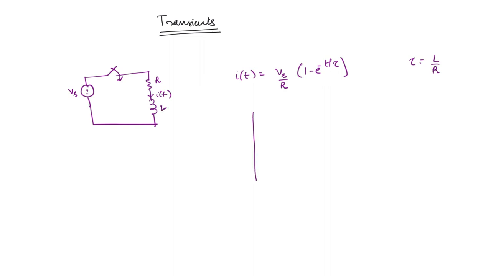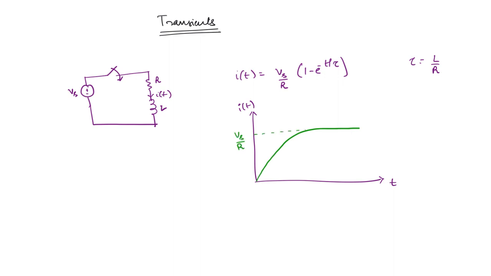Now when you plot I of t as a function of t, what are you going to get? It will initially rise and then become constant at what value?